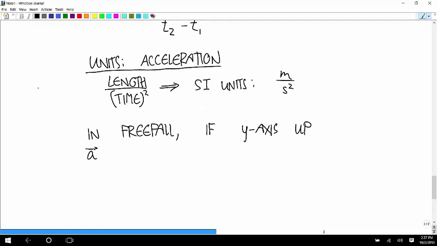Anytime something's in free fall or projectile motion, it points in the direction of the acceleration vector. Yep, down, right? If the y-axis is up, that's the negative y direction. And so the acceleration vector would be 0, negative 9.81 meters per second squared. And we're going to use that a lot.